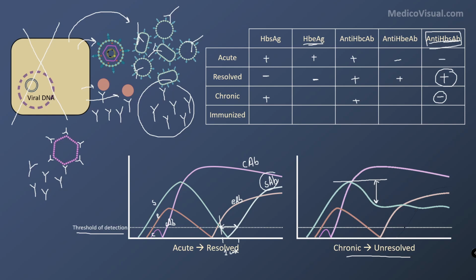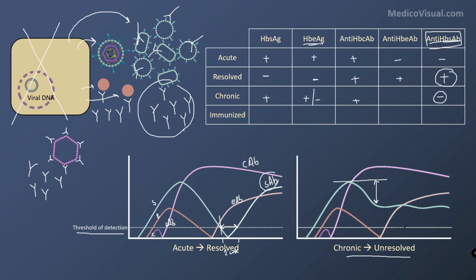If it is present, it means the virus is actively and aggressively replicating. It is enjoying the luxury of procreation inside the hepatocyte. It is actively replicating, and of course with each replication it is synthesizing E antigen, right? And if it is not present, what does it mean?